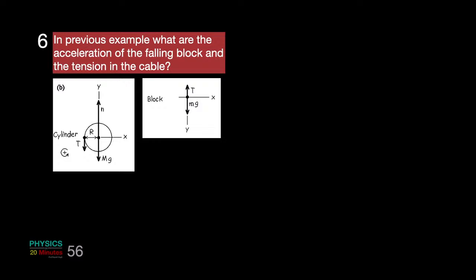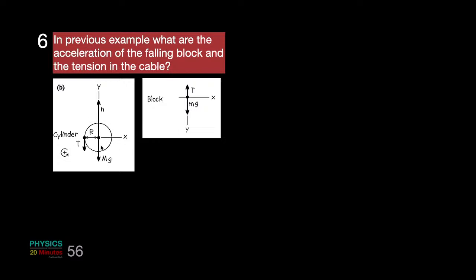So we need to apply Newton's second law in both the forms simultaneously. So we will find out all the torques on the body and all the forces on the body, or on the system rather.